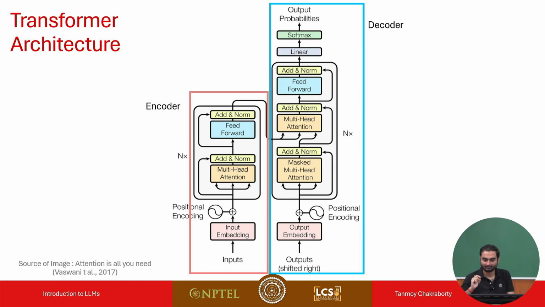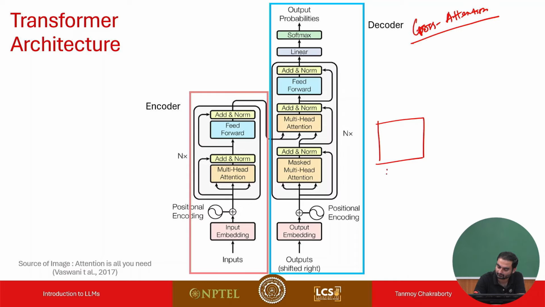We will do that using another layer called cross attention. What is cross attention? This is the encoder, and let's say these are the final outputs, H1, H2, H3, H4, from the last layer.